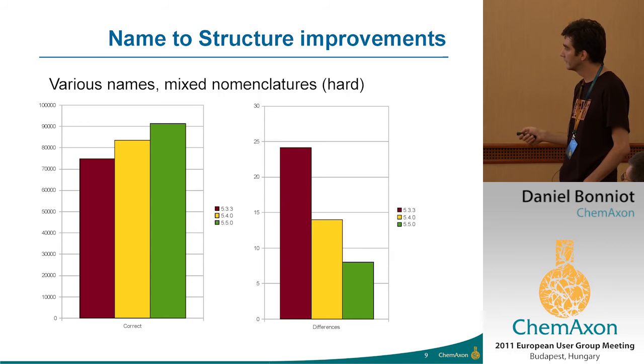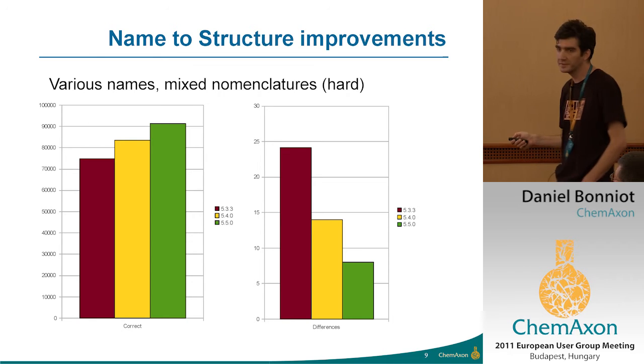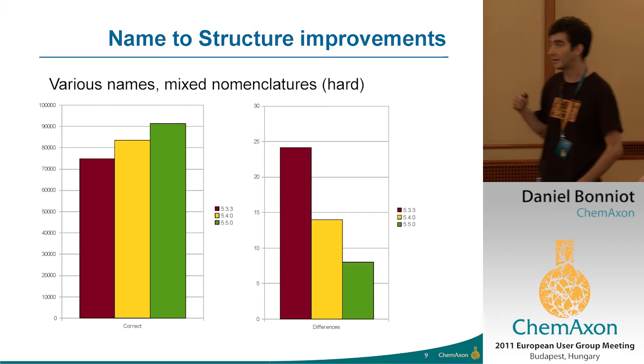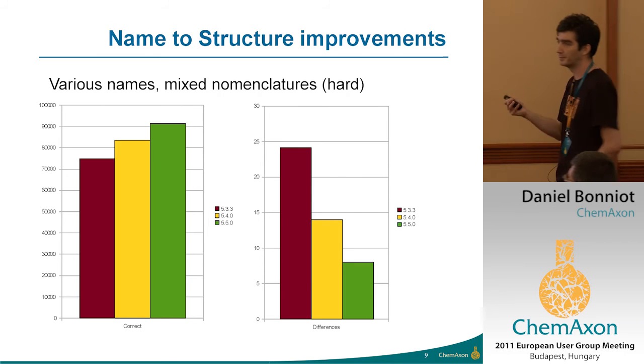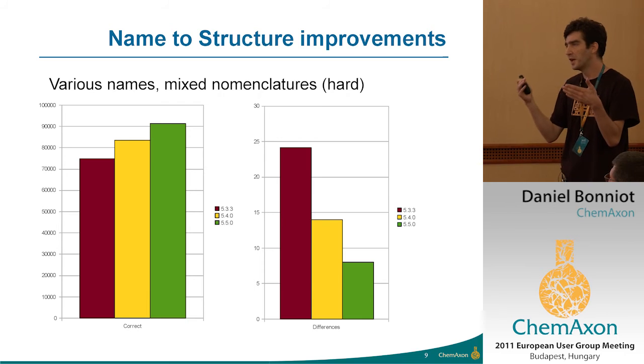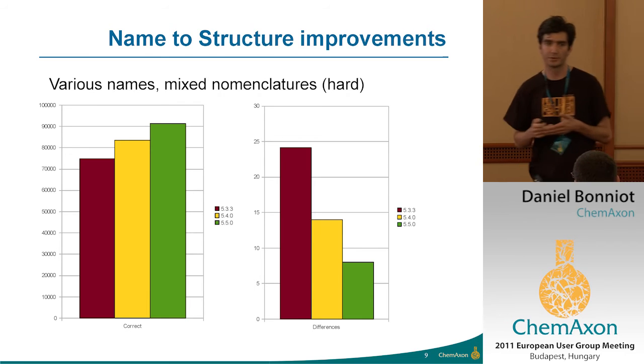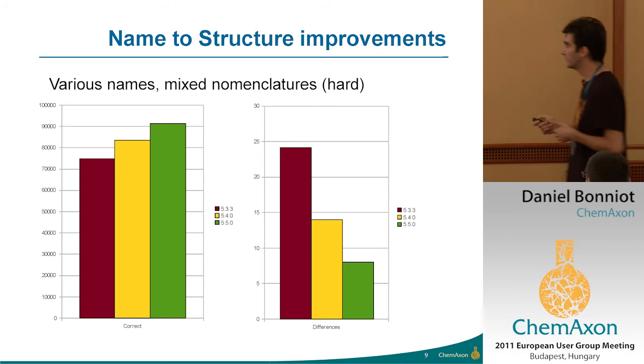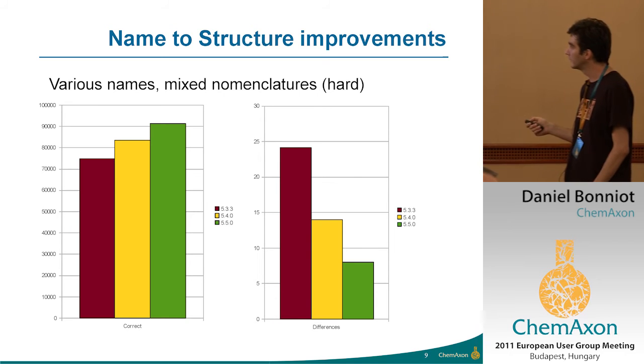And here, this is actually I wrote differences. Initially, it was errors, but as I said, because in the database there are some names once you have twice the same name associated to different structures. So obviously, we cannot get both right because there are some mistakes. But still, the software can improve a lot, and you can see that in both versions there was very significant improvement.